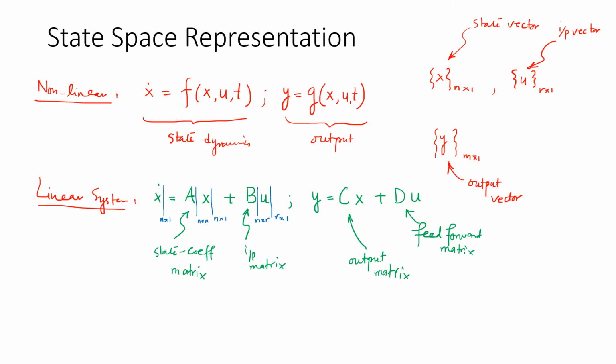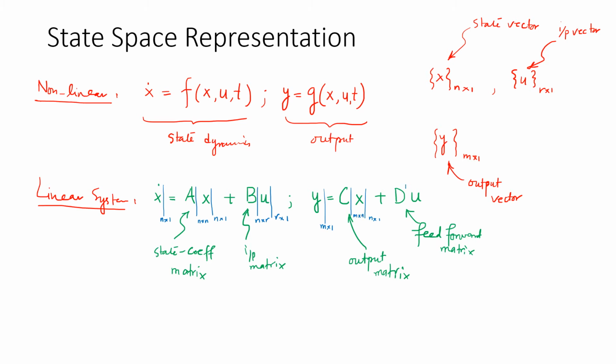In order to produce x dot as an n by 1 vector, you have to be consistent in terms of their sizes. And similarly for the outputs, as outputs were defined to be an m by 1 vector earlier, y is defined to have a size m by 1. So when x is n by 1, you are going to define C to have a size of m by n.